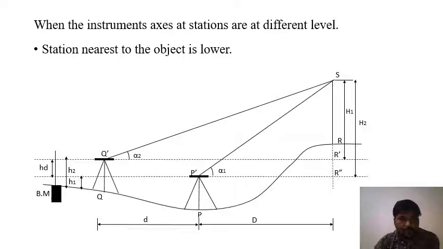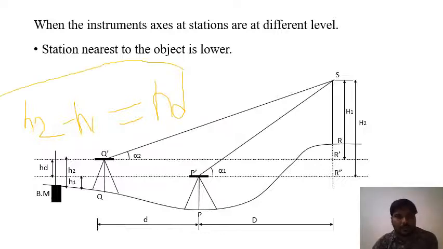The difference, H2 minus H1, is equal to the height difference, which I call HD. This is the result.